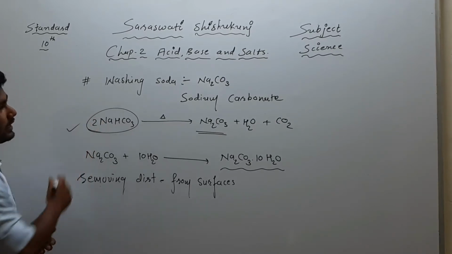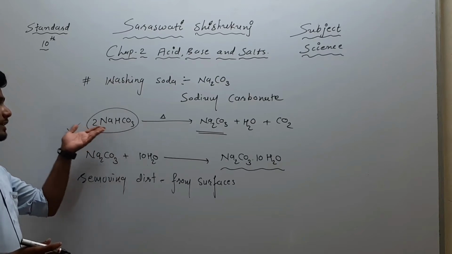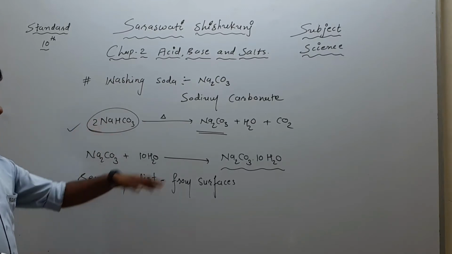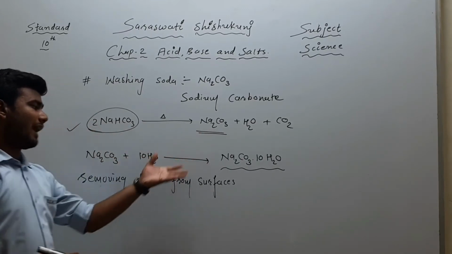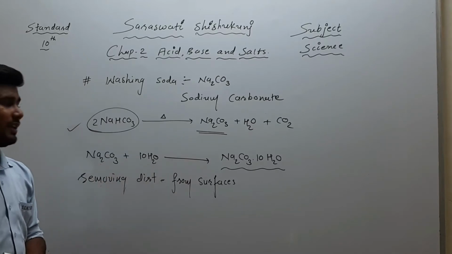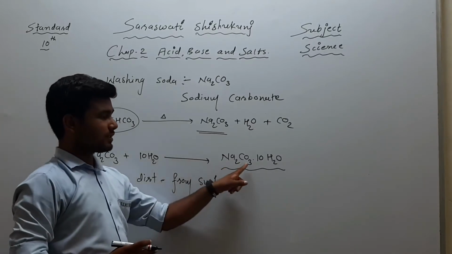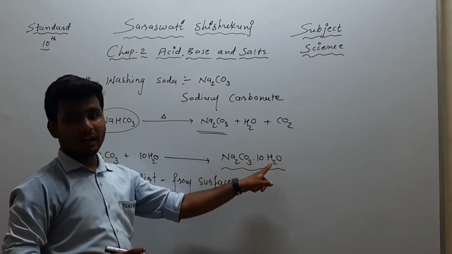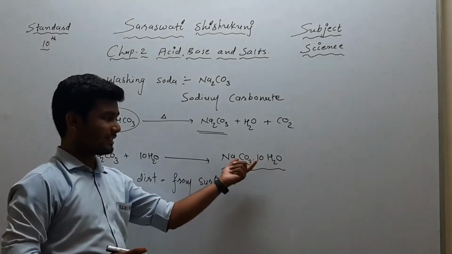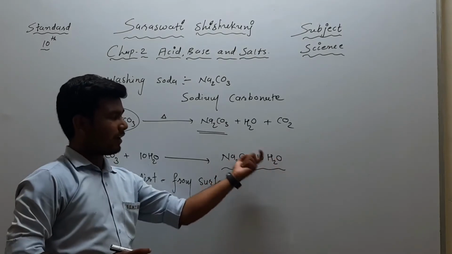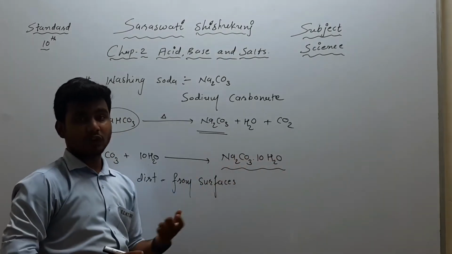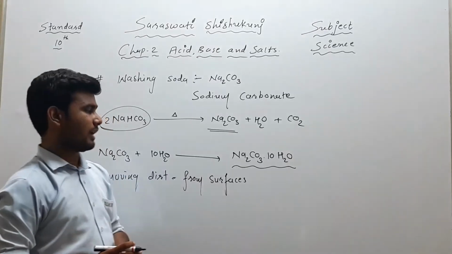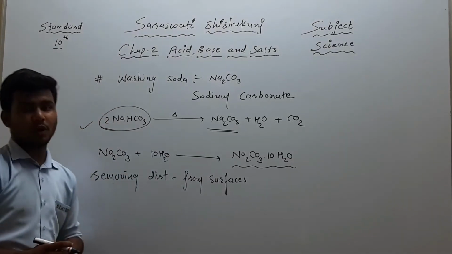So how is it prepared? By heating sodium bicarbonate we get sodium carbonate, and by reacting it with water it gives us Na2CO3 into deca, meaning 10H2O, so that is decahydrate of sodium carbonate, which is our washing soda.